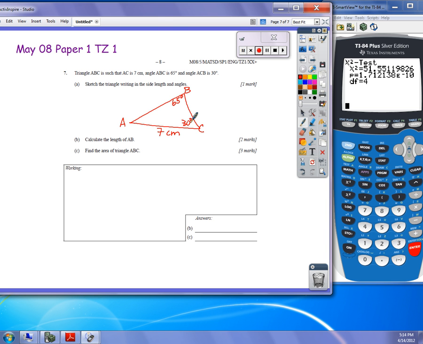I do not have a right triangle, so I can't use right triangle trig, but I do have an angle and a side. I have a side opposite of an angle, and I can go ahead and use the law of sines. So I know that the length of AB over the sine of 30 degrees is equal to 7 over the sine of 65 degrees.